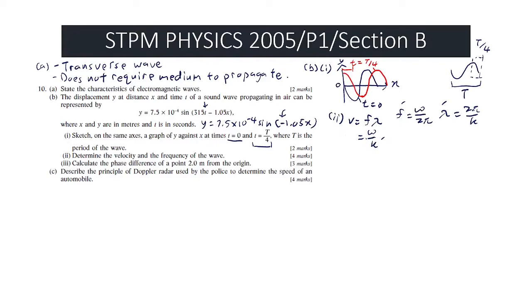And now we have to find omega and k. For this case, we compare this equation to the standard wave formula, which is given by omega t minus kx. You can compare this, we get our omega and we get our k, which is just substitution.